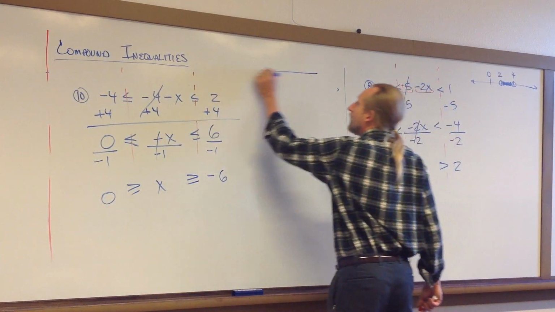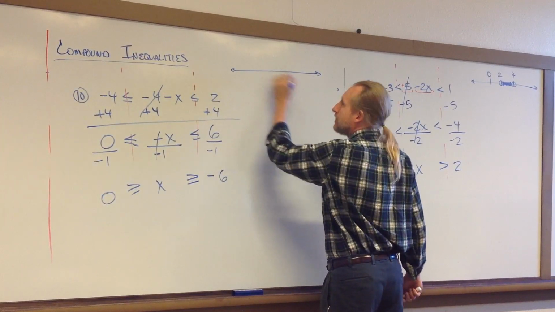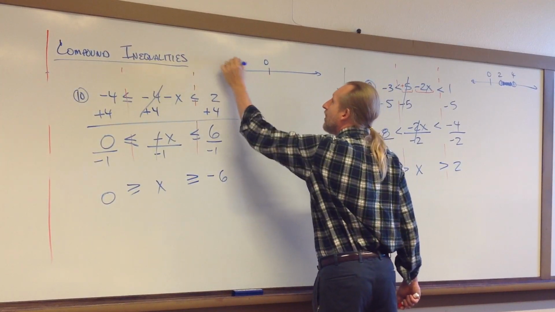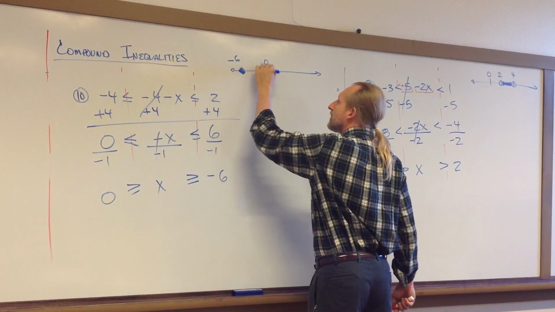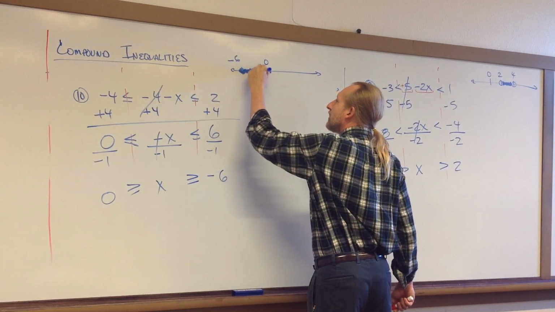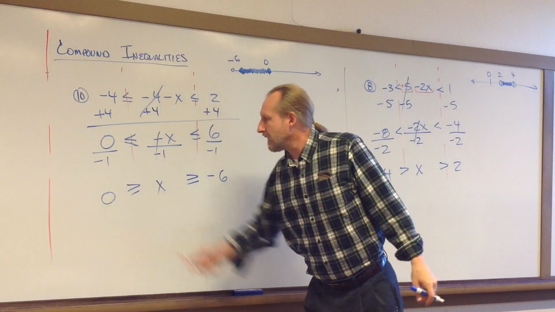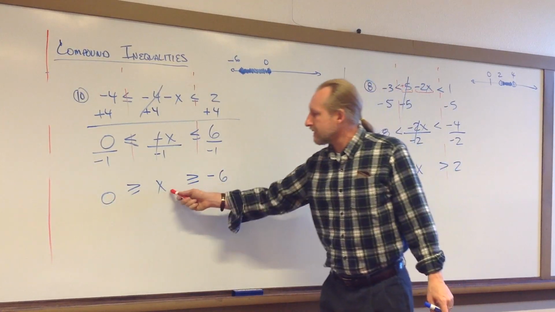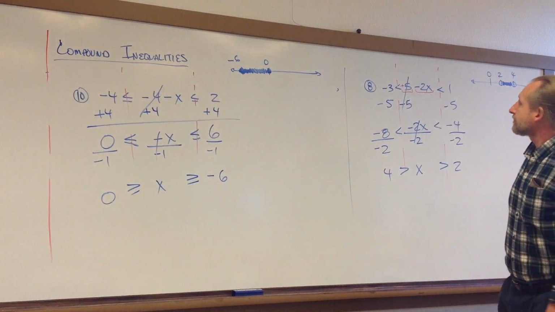Okay, so that says all of our answers need to be between 0 and -6, and they get colored in because they are also equal to those values. And so there it is. X is less than or equal to 0, and at the same time, greater than or equal to -6.